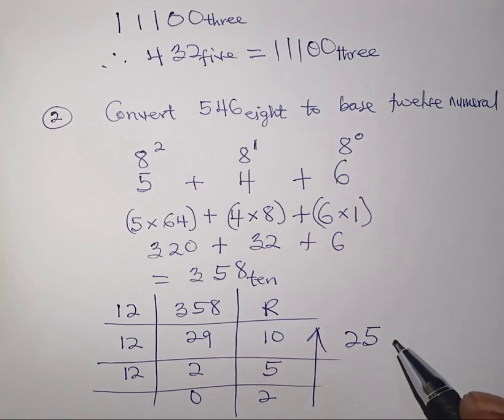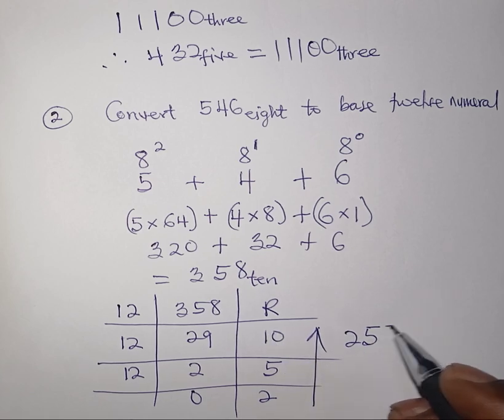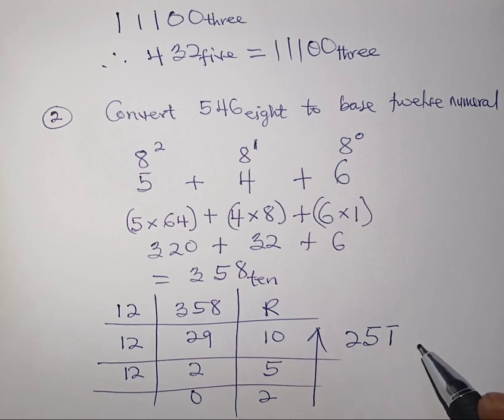And remember what I previously said. The moment you realize that it's 10, you use the letter T to represent that, so that it will not look like 1 0.